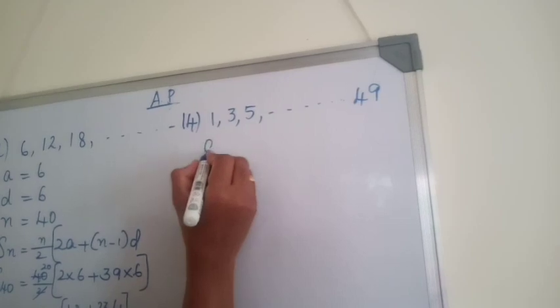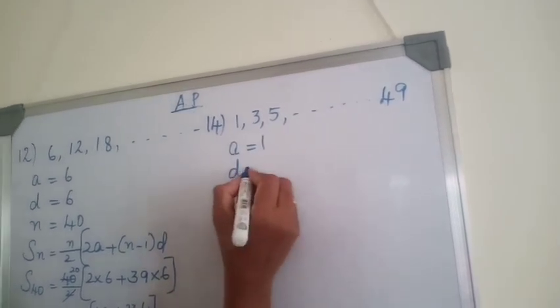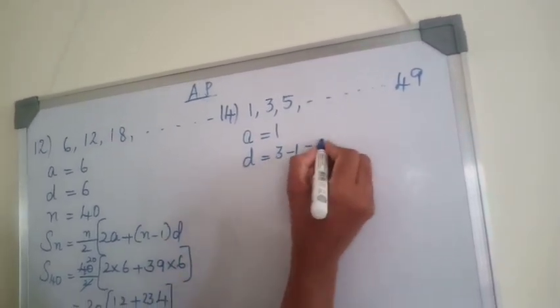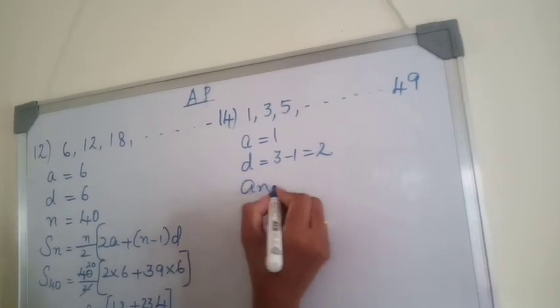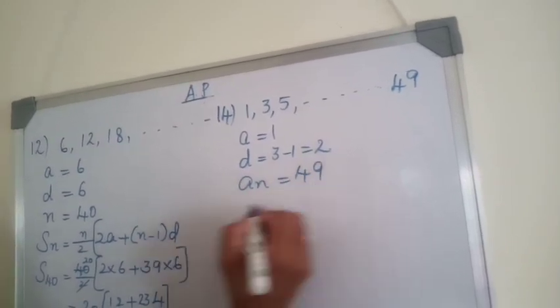So we'll write A equals 1, D equals 3 minus 1, 2, An equals 49. So we'll write the formula.